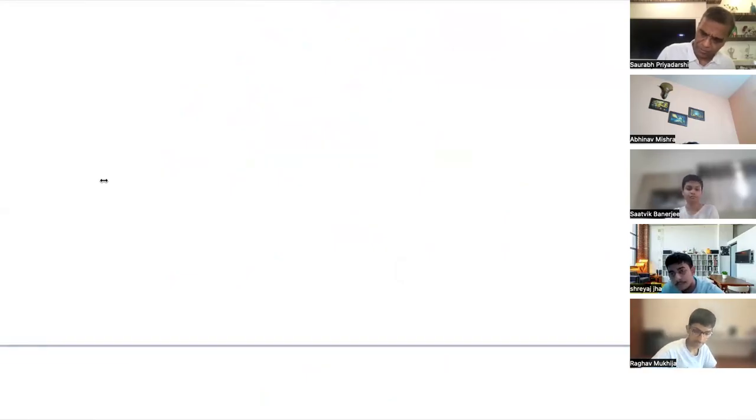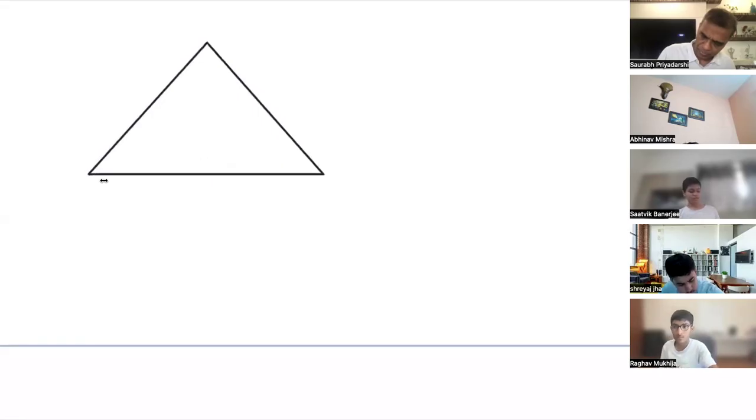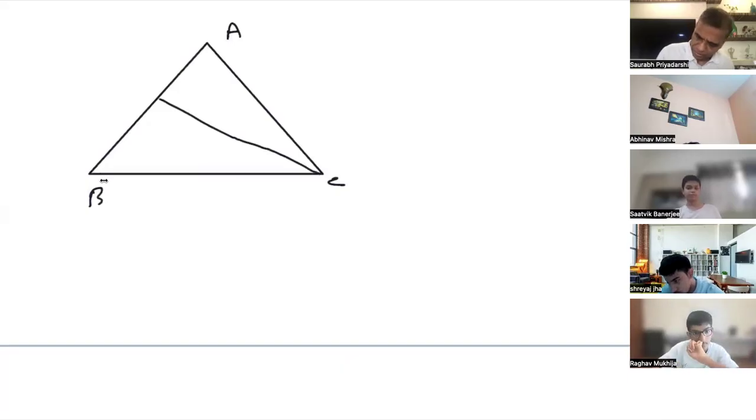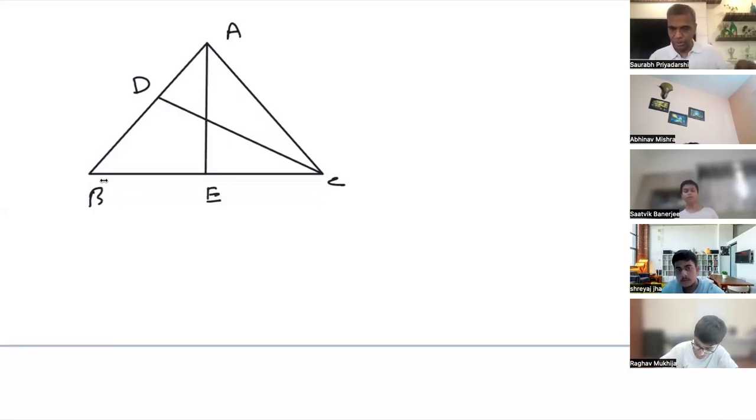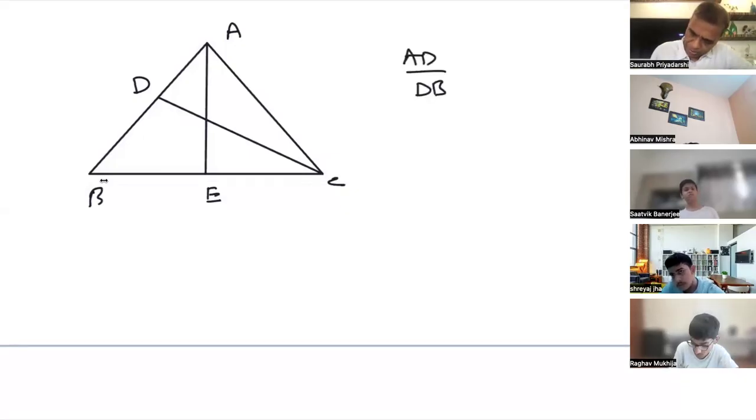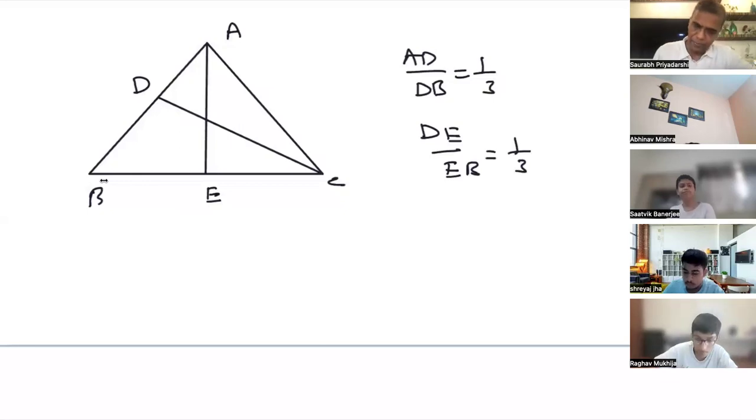One more, one last one. Triangle ABC. D and E are the interior points such that AD by DB is equal to 1:3 and DE by EB is equal to 1:3.